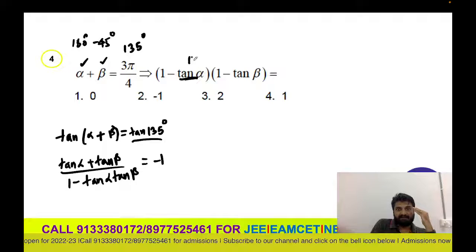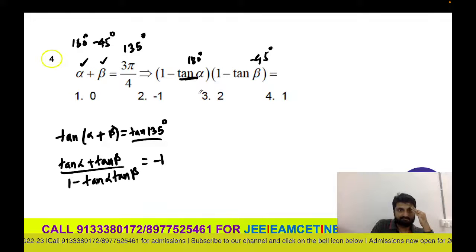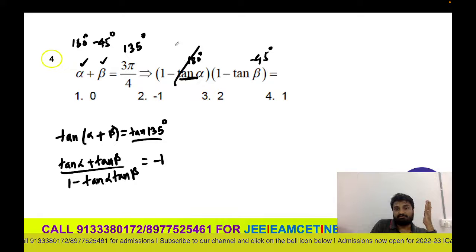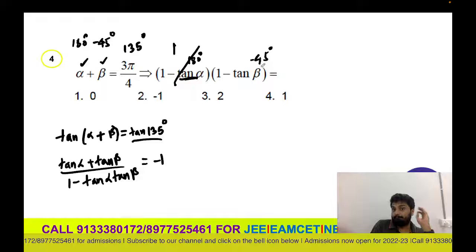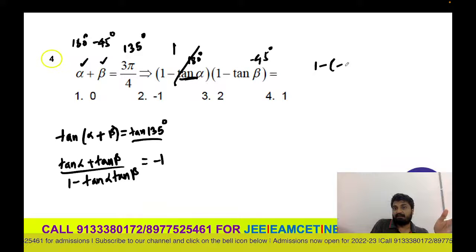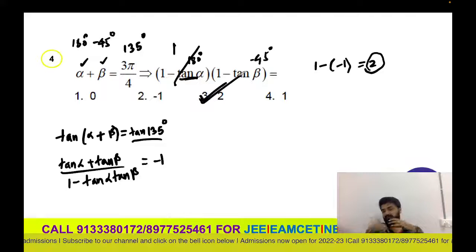Tan 180 is nothing but 0, so this part is 1. Tan 45 is 1, so tan of minus 45 will be minus 1. So 1 minus of minus 1, the answer will be 2.